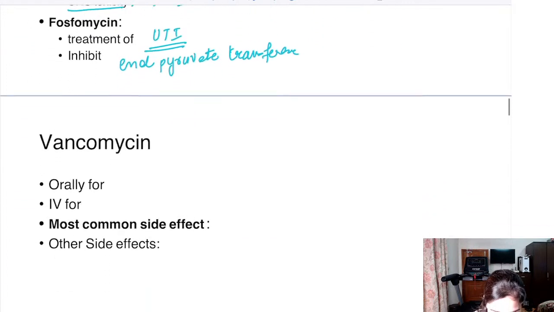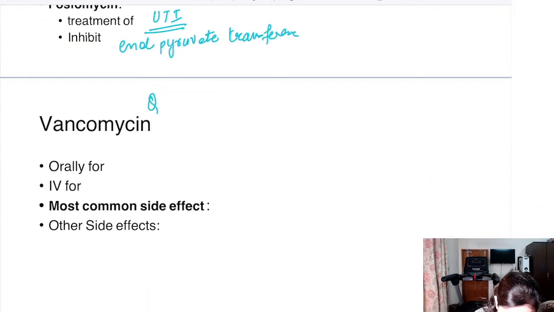But vancomycin is commonly asked, so a few more important points about vancomycin. It is given orally or IV. For which condition do we give vancomycin orally? Any guesses? It doesn't need to be absorbed for this purpose.